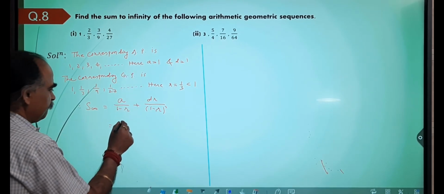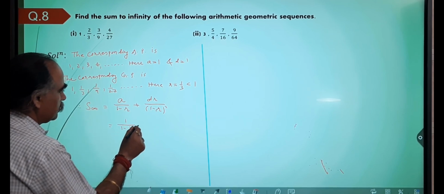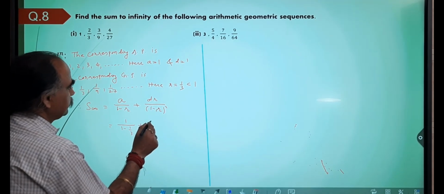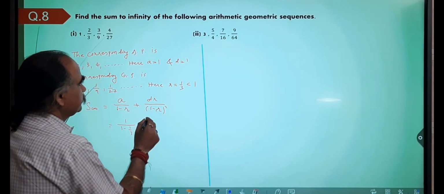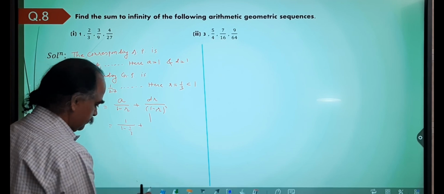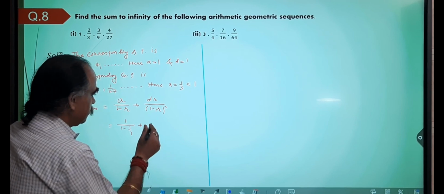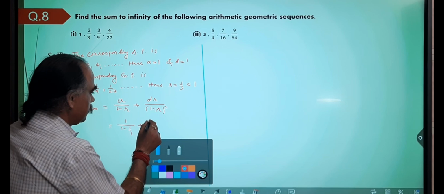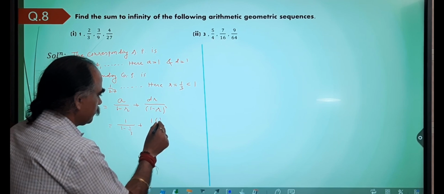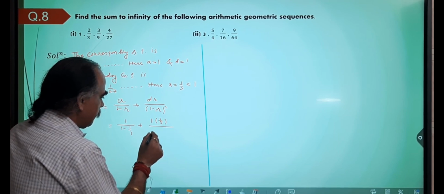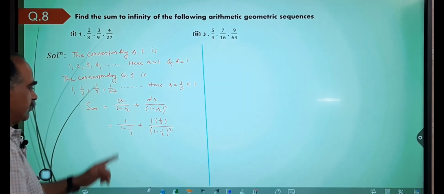A is 1 upon 1 minus 1 by 3, plus D is 1 into R is 1 by 3, upon 1 minus 1 by 3 square. So this will become 2 by 3.